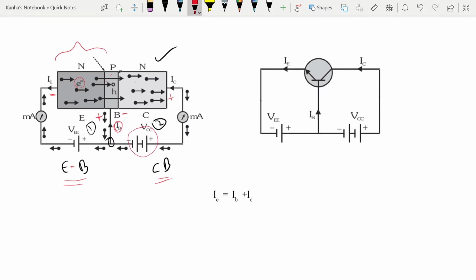Okay, so in principle, this leads to the net flow of current from the emitter into the base and the collector. So the main equation for this entire chapter is IE equals IB plus IC. In a paper or in any examination, you will see this question in this form. You should know that this is the central junction, this is the base region, this is the emitter region, this is the collector region, and the rest of the principles are exactly similar.